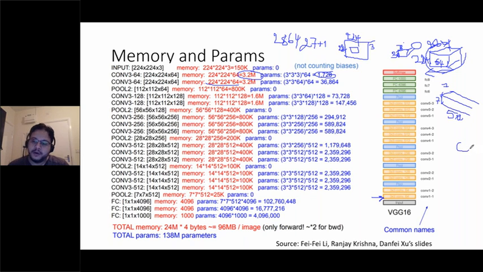When we put a neuron here, if it is connected to everything, not just 3 by 3, how many weights does every neuron have? 512 by 7 by 7. This is the number of weights because it's connected to everything. So it produces less output.